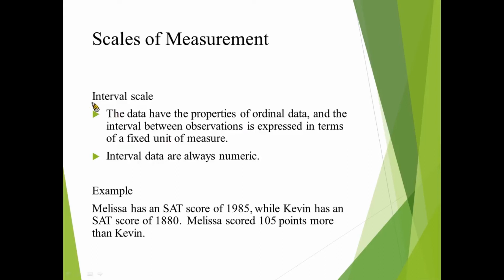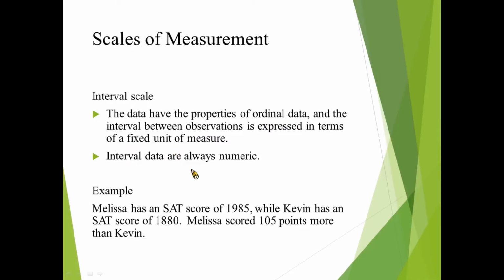And the third one, the interval scale. What's the interval scale? The data have the properties of ordinal data, and the interval between observations is expressed in terms of a fixed unit of measure.